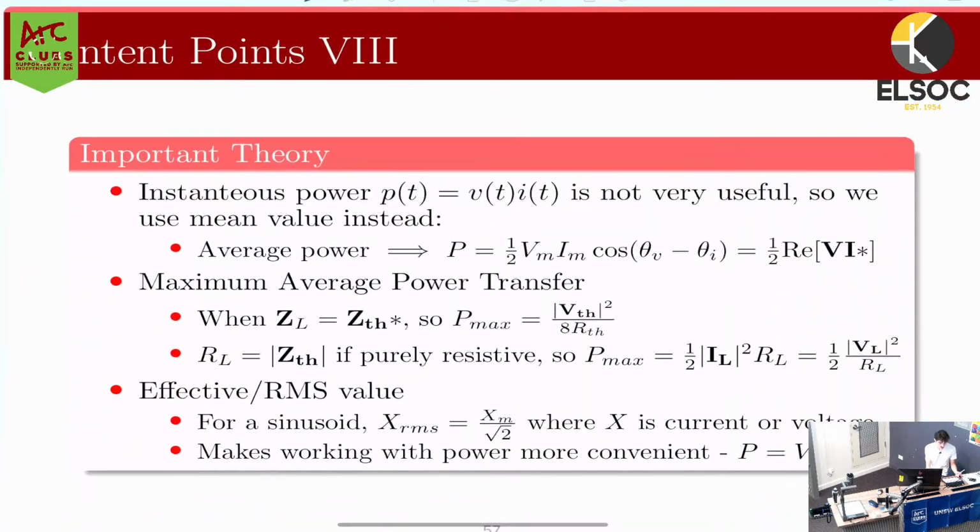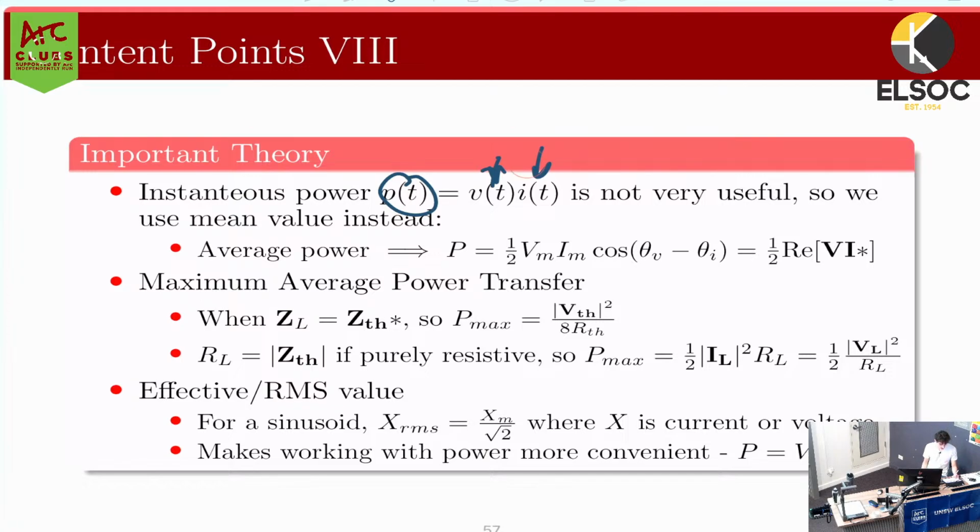AC power, we've extended the definition from DC power. Naturally, the easiest definition we can get is that power is the voltage at an instant times I at an instant. But the issue with that is that power is now variable by time, and so power can change very quickly, and so it's not really useful. It doesn't give a meaningful way of analyzing the power system.